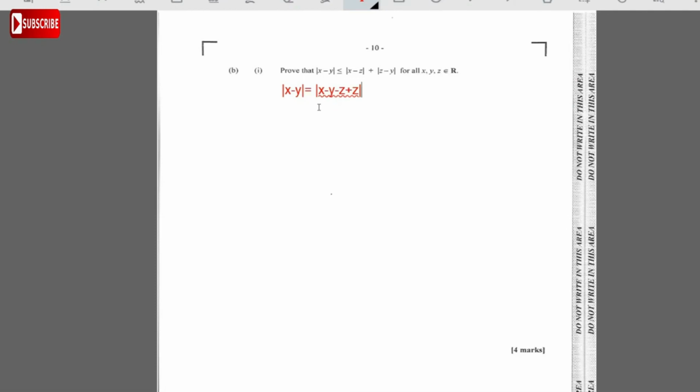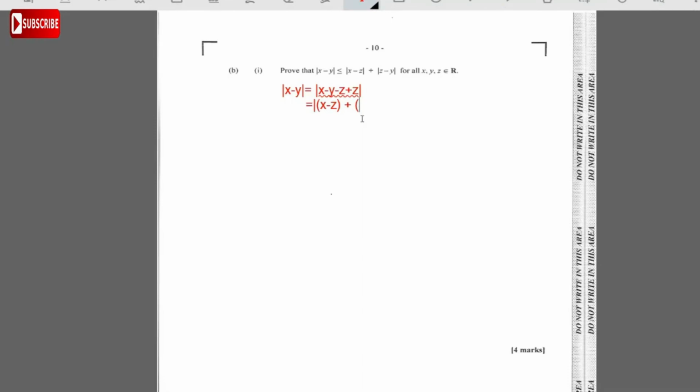Then we can break this up: we group the x with the minus z, x minus z, and we group that part together, plus we group this other part together now.